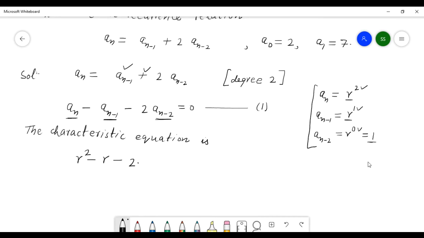So 2 times 1 is 2, and this equals 0. This is called the characteristic equation. Right? Up to here, no problem.